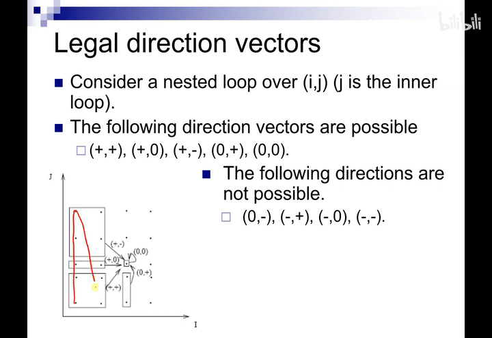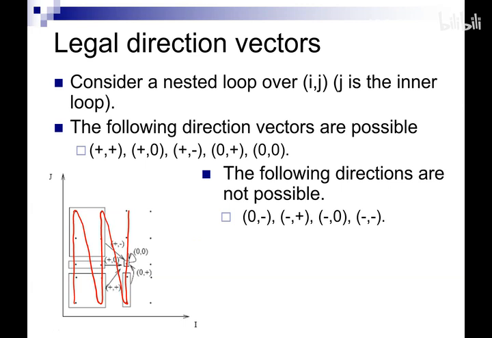Then you go to the next value of i, and go through all these values of j, and like that. Let me draw this a bit nicer. We iterate through all of these iterations in the zigzag order, where you go column first.